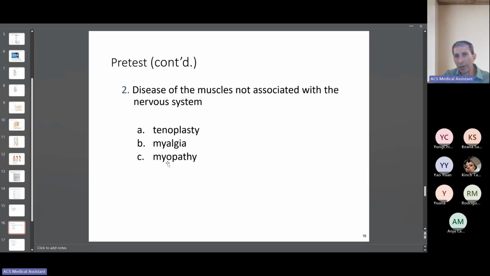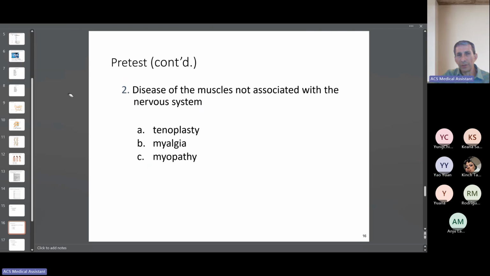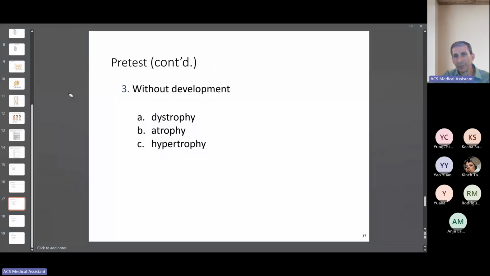So if you know one of these, you will get it right because myo, oh, I have myo. And then pathy, but I have myalgia, myopathy. So go for each one of the terms that is going to be easy for you to remember. Otherwise, number 3, without development.